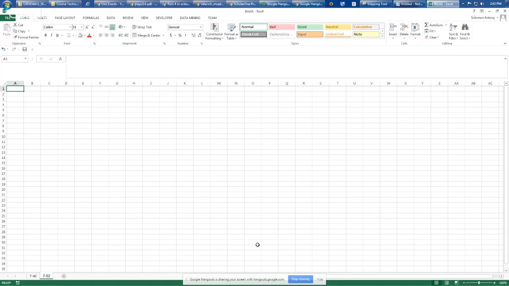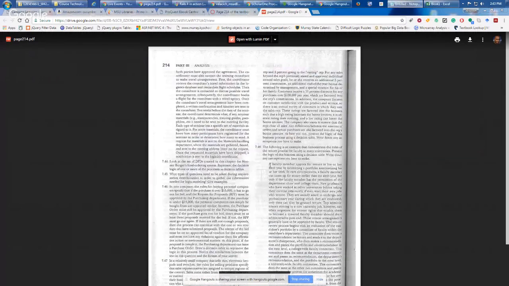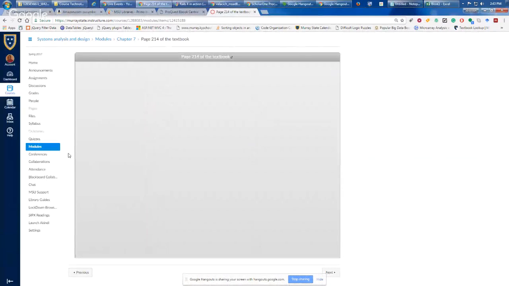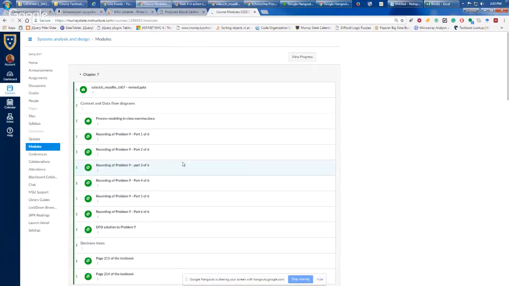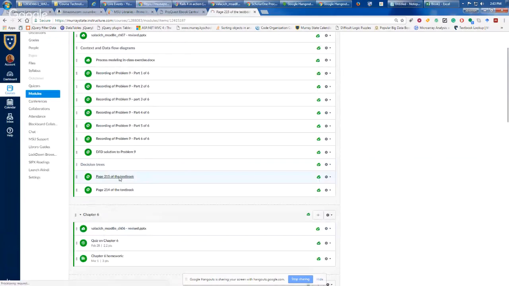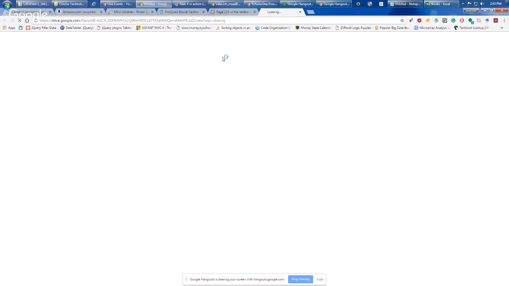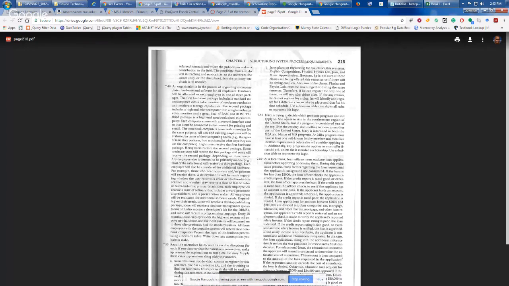This problem is on page 215 of the textbook. So again, for convenience sake, I have posted this here on Canvas. You can view it here.